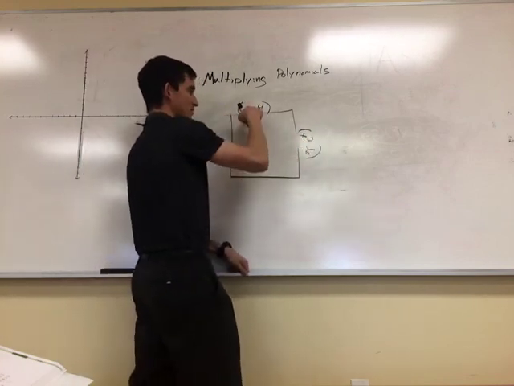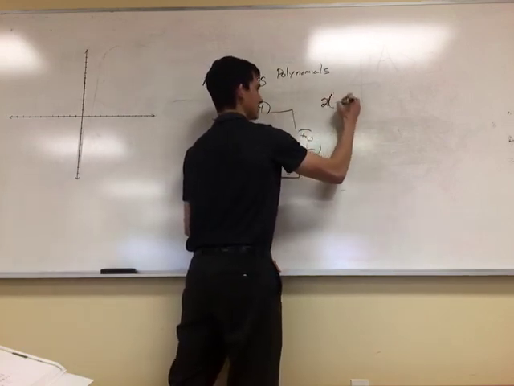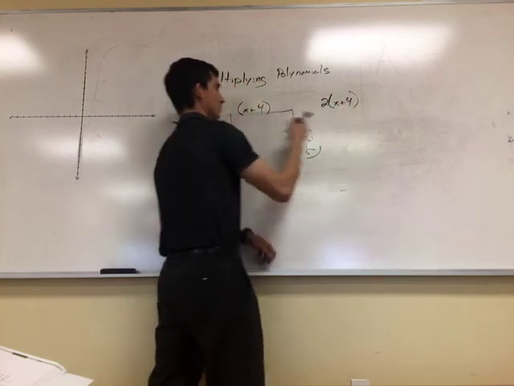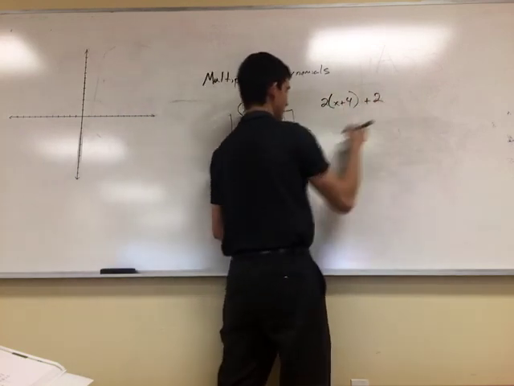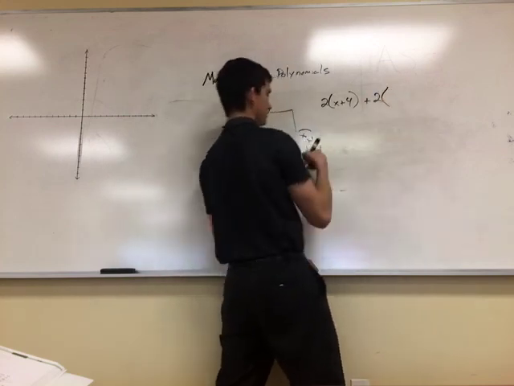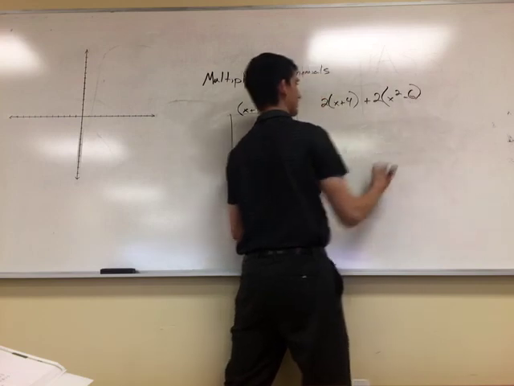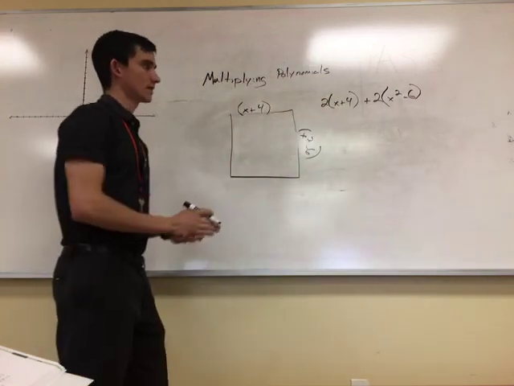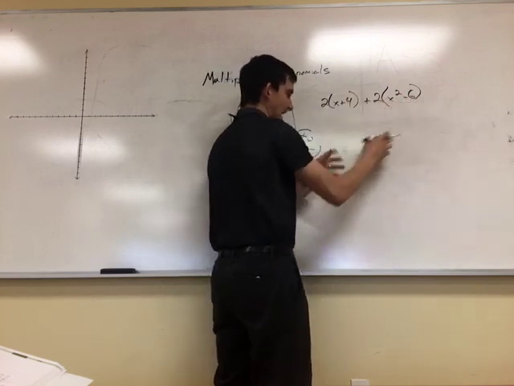So you have two of these, and you have two of these. And this is another application. So you'd start off by multiplying it, then adding it all together.